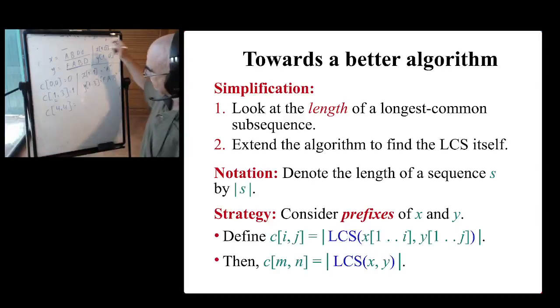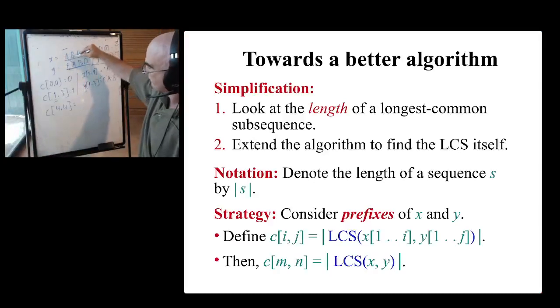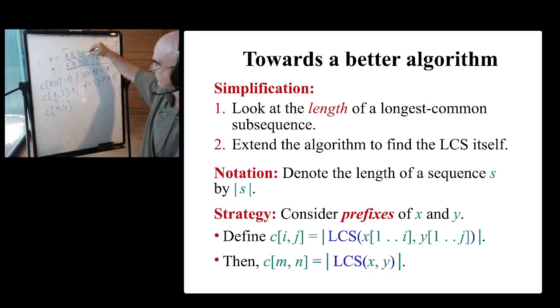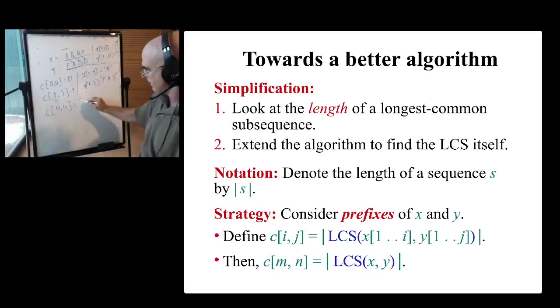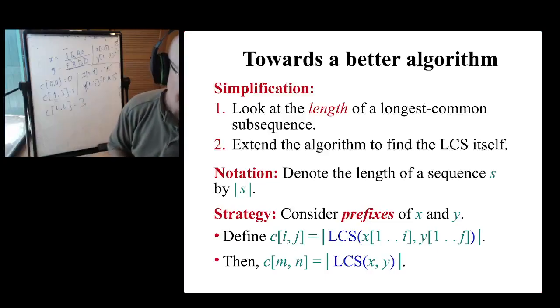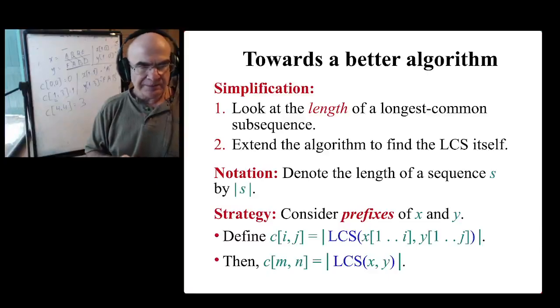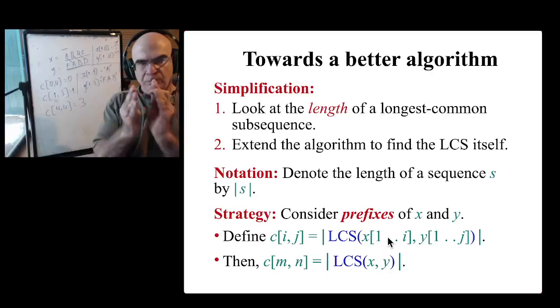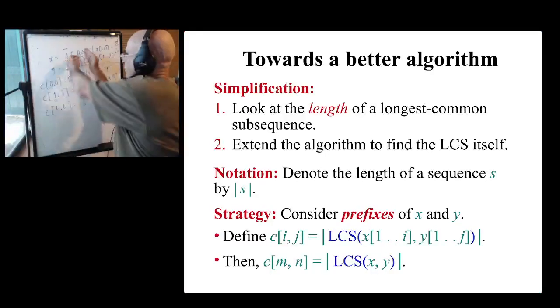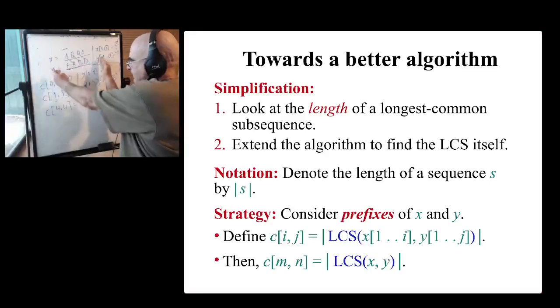And if I'm not mistaken, the length of the LCS would be I can match the A to the A, the B to the B, the D to the D, so the answer should be 3. There are 3 letters that I should match. So where are we going with this algorithm? We have a big problem of very long X and very long Y.